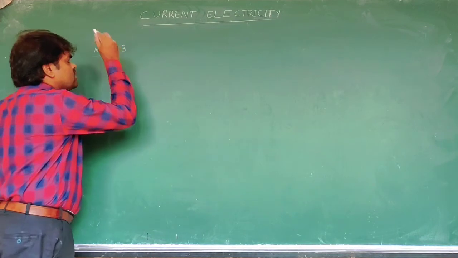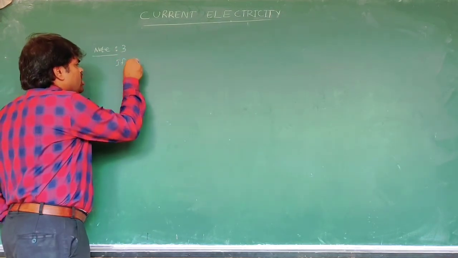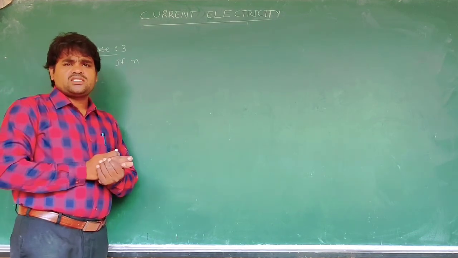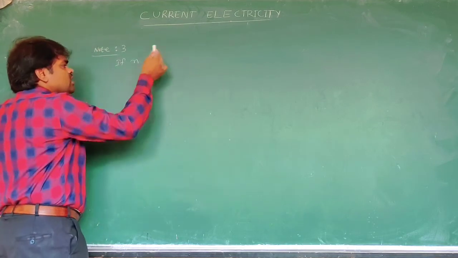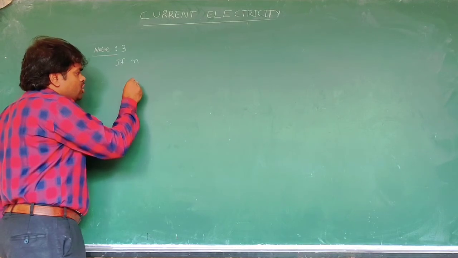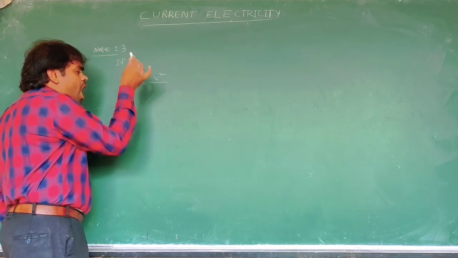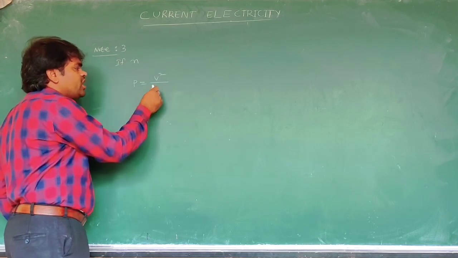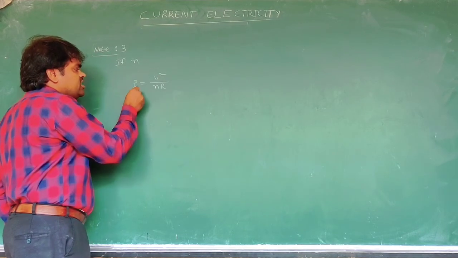If N equal resistances are connected in series with a voltage source V, then the power dissipated will be P is equal to V square by R, where R means N equal resistances, NR. That is in the series.